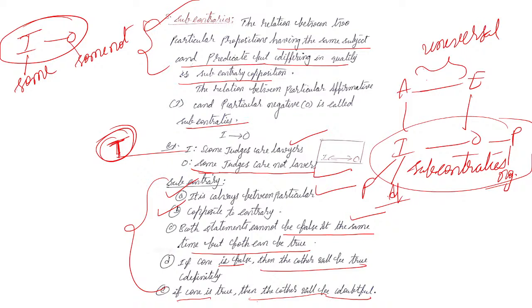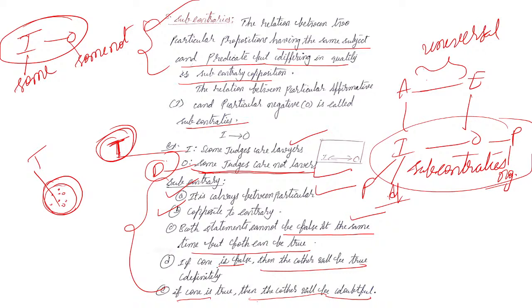We know only about some judges here, but we don't know about the other judges. We cannot say anything about whether some judges are not liars. That's why it is doubtful.